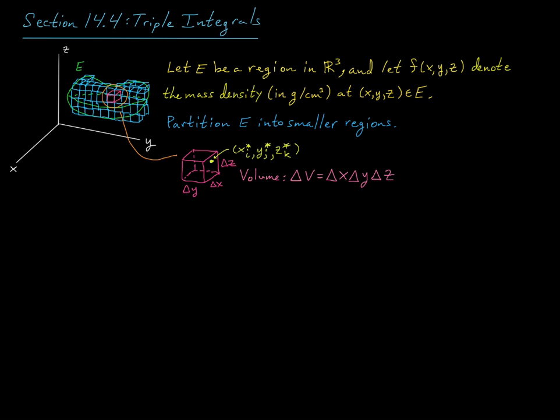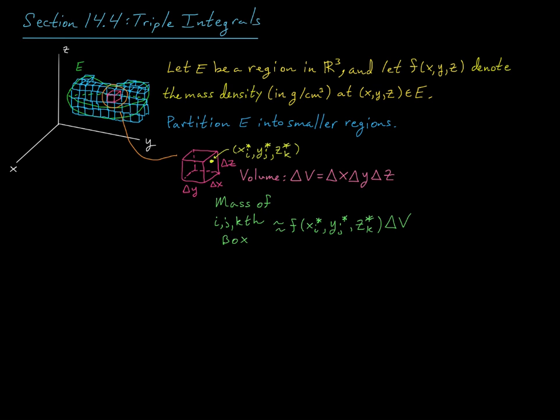If I look at the following products, in other words, take your function f and evaluate it at your sample point, this tells us the mass density at this sample point, and if I multiply that by the volume of the box, density times volume is going to give us an approximation to the mass of this little box. And then if I add up the masses of all the little boxes, that's going to give me an approximation to the total mass.